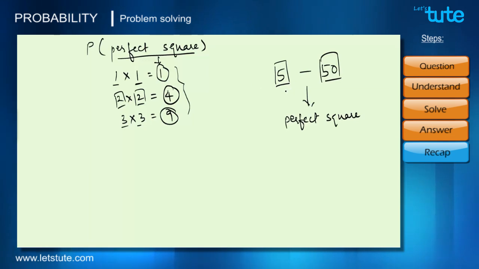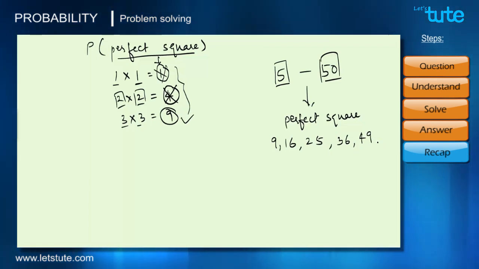So we have to list down all the perfect squares between 5 to 50. So we are not going to count 1 and 4. We start from 9. So 9, then 4 multiplied by 4 will give us 16, 5 multiplied by 5 is 25, 6 multiplied by 6 is 36, 7 multiplied by 7 gives us 49, and after that obviously it is going to be more than 50.